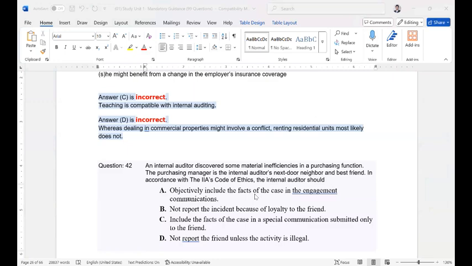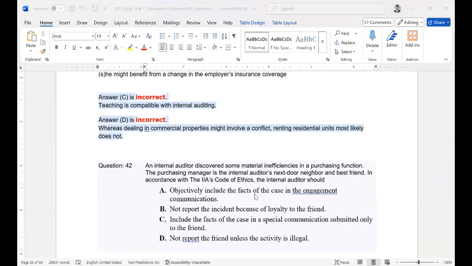The purchasing manager is the internal auditor's neighbor and best friend. There's a small issue there, a conflict of interest. The internal auditor should objectively include the facts of the case in the engagement communications. That seems correct. Not report the incident, that's bad.